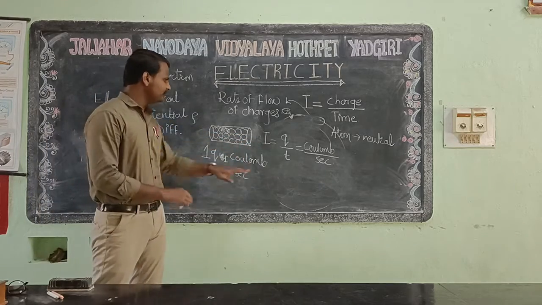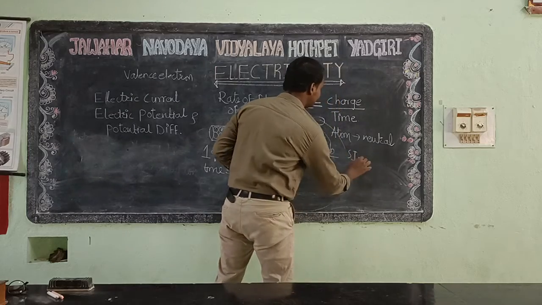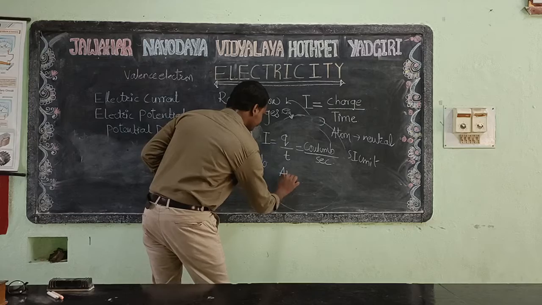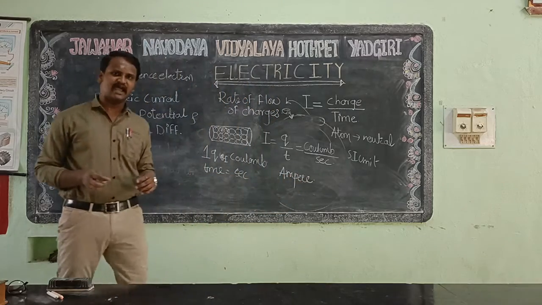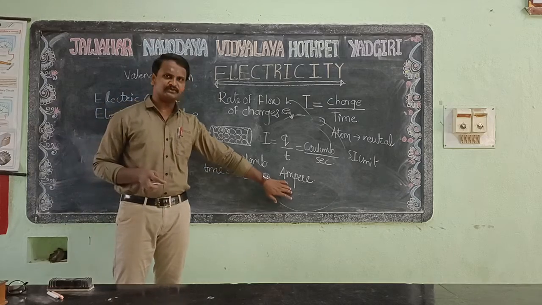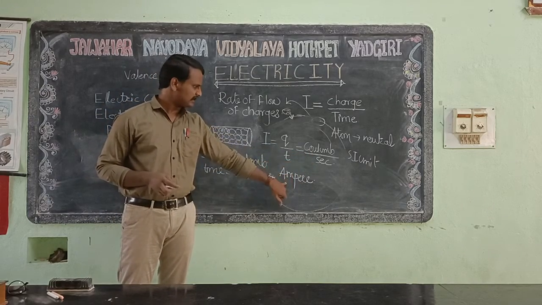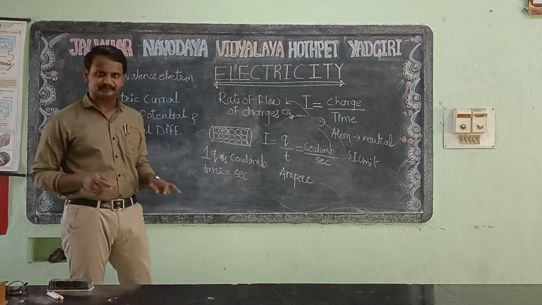Another SI unit for the current is called the ampere. It is named after the scientist Andre Ampere, in honor of his contribution to electricity and physics, and we take the ampere as the SI unit of current.